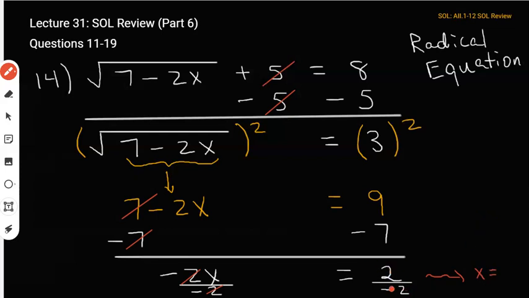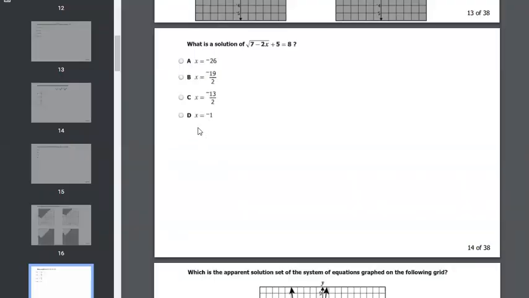Two divided by negative 2? Negative 1. So I put that in my solution set. That's going to be D.